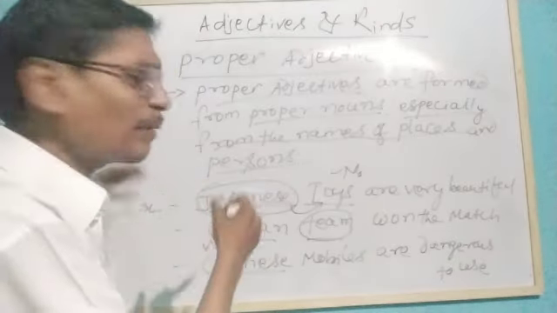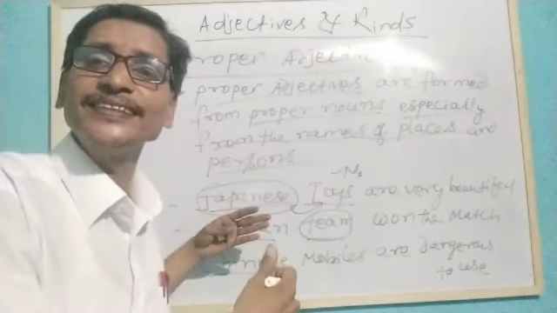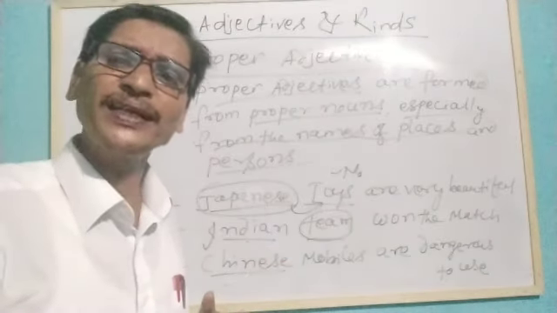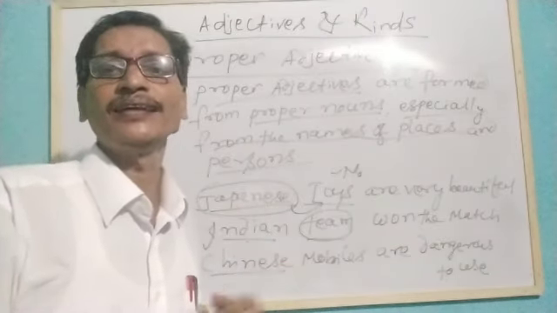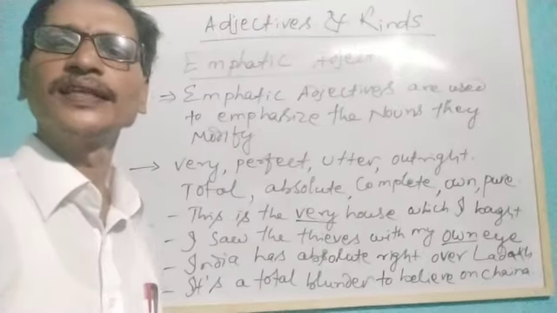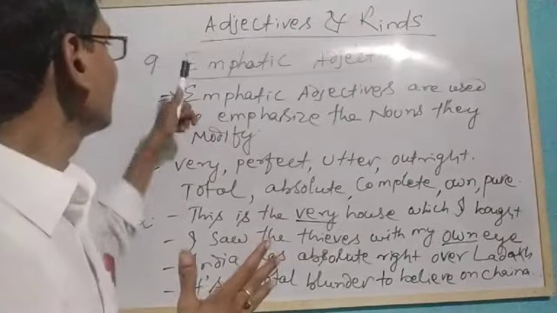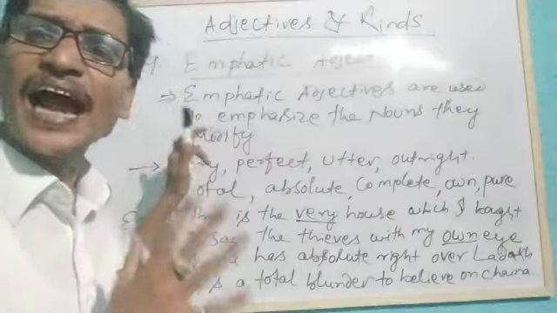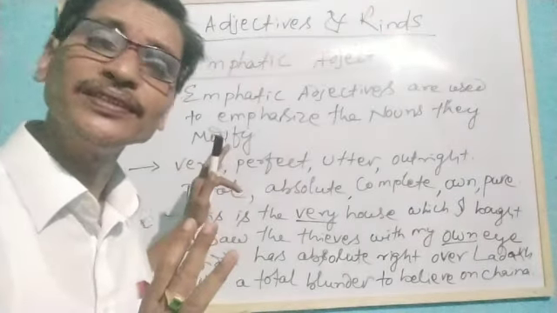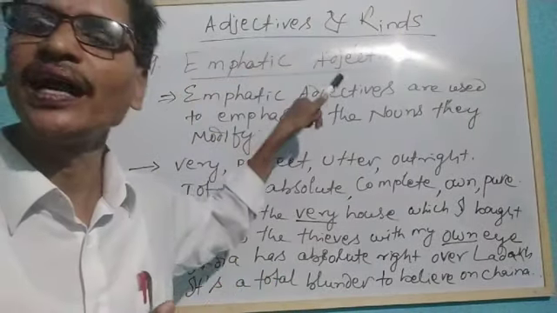We have another type of adjectives we will discuss. The next is emphatic adjectives. Okay, let me write this. The last kind of adjectives are emphatic adjectives.